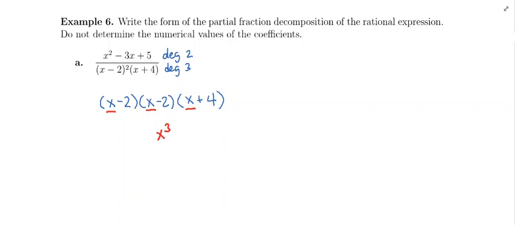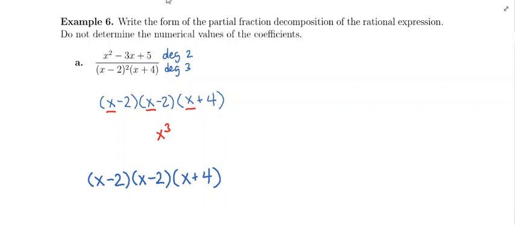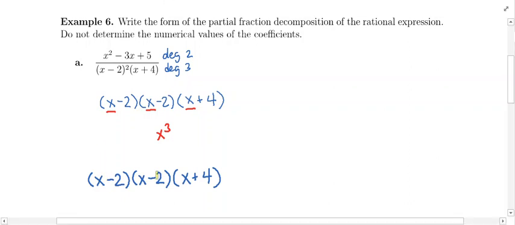All right, so let's examine the denominator here. That's what we use to figure out the case. So we have x minus 2 squared, so that means it's multiplied by itself, and then we have times x plus 4. If we look at each of these factors, they're all linear. The highest power of x in each one is the first power.